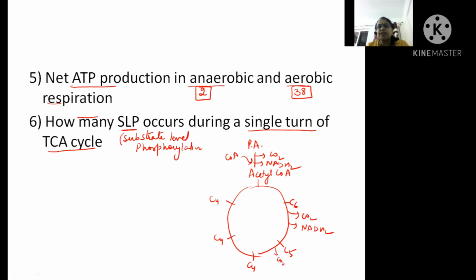Here also carbon dioxide and NADH are formed, plus ATP is also formed.